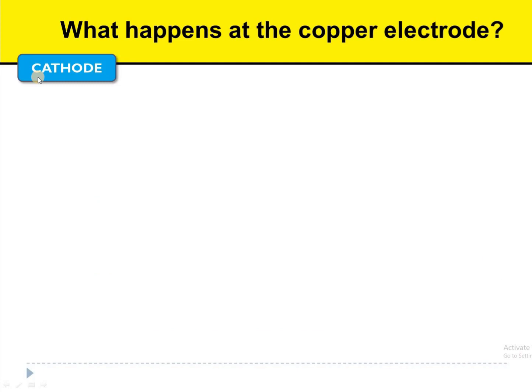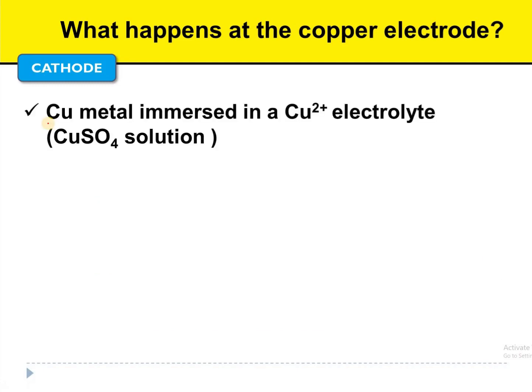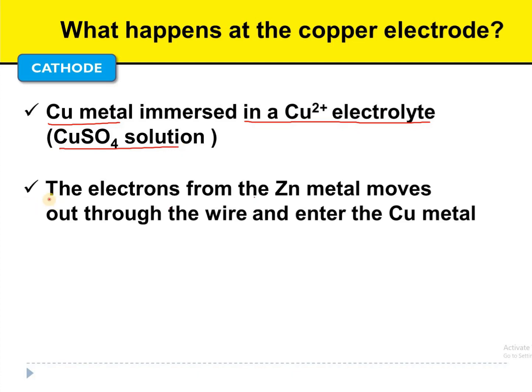Now we look at the cathode side. At the cathode, copper metal is immersed in a copper 2+ ion electrolyte, for example copper sulfate solution. During the process, electrons flow from the anode to the cathode. Electrons from the zinc metal move out through the wire and enter the copper metal.